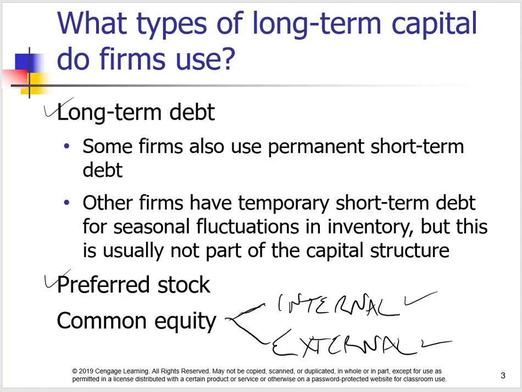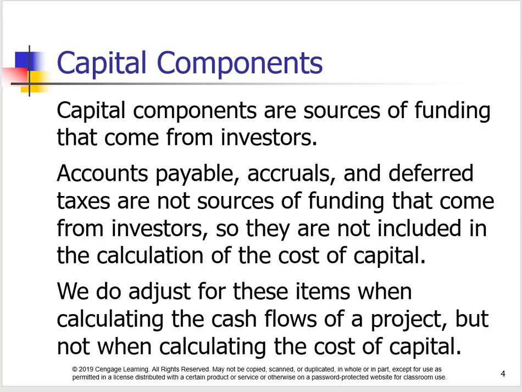So for many companies, it's just a choice of, do we use long-term debt or do we use investments from our owners to finance operations of the company. So again, these are sources of finance from investors. We don't look at the short-term aspects. They're not really sources of financing that come from investors, so they're not included.